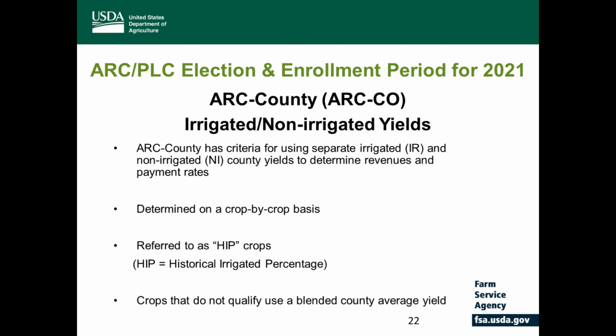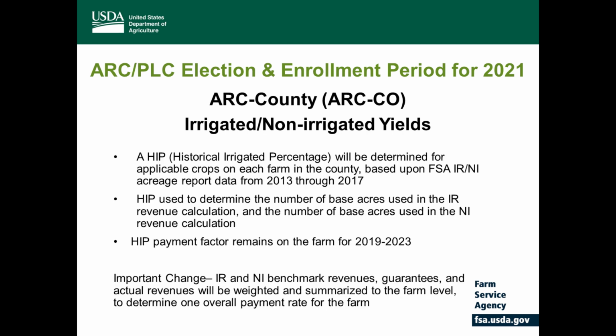Counties and crops that do not qualify as HIP use a blended average yield, or an all yield, for their ARC County calculations. So depending on whether or not your farm has history of irrigated acres, when it comes to an ARC County calculation, you may or may not be using a HIP percentage in the calculation.